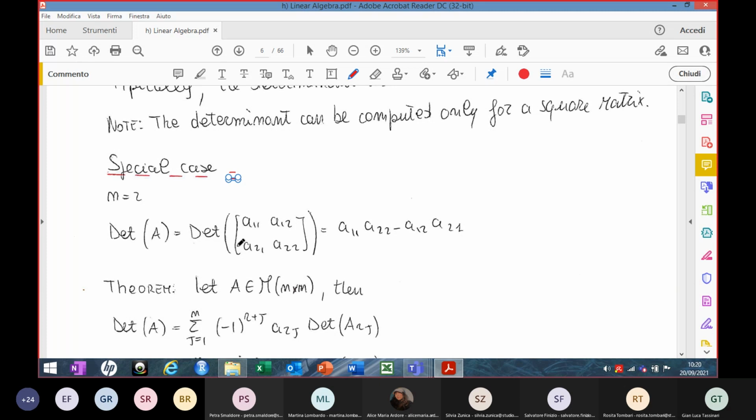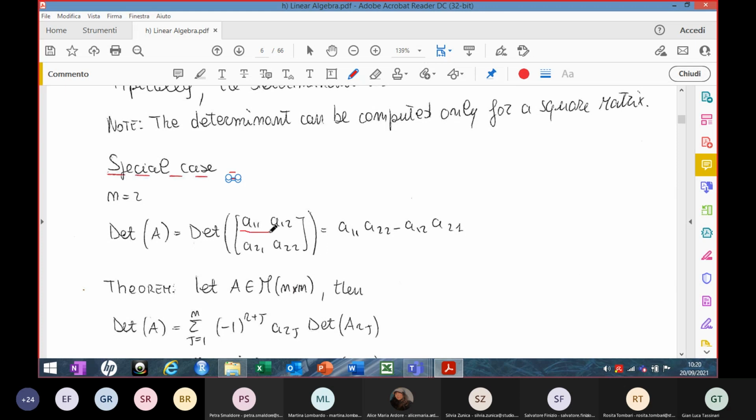Now, we want to apply the definition. Determinant of a matrix A. I denoted the elements of A as A11, A12, A21, A22. We want to compute the determinant of this matrix. Guys, I provide here the steps, okay, because here is reported directly the final rule that you have to remember, because it simplifies your life a lot. Remember, apply the definition with me.